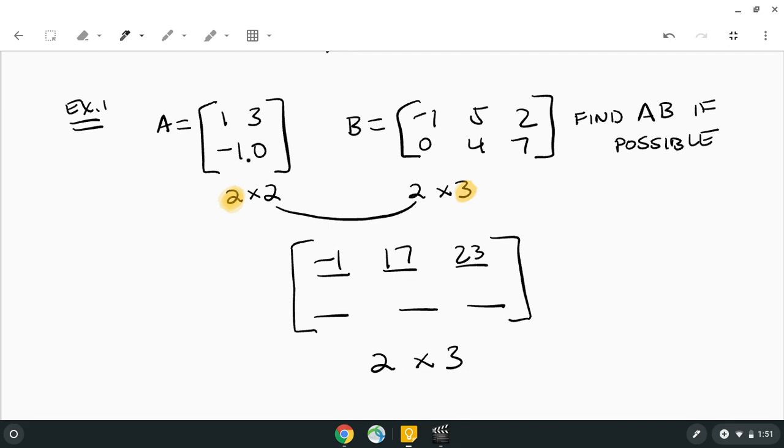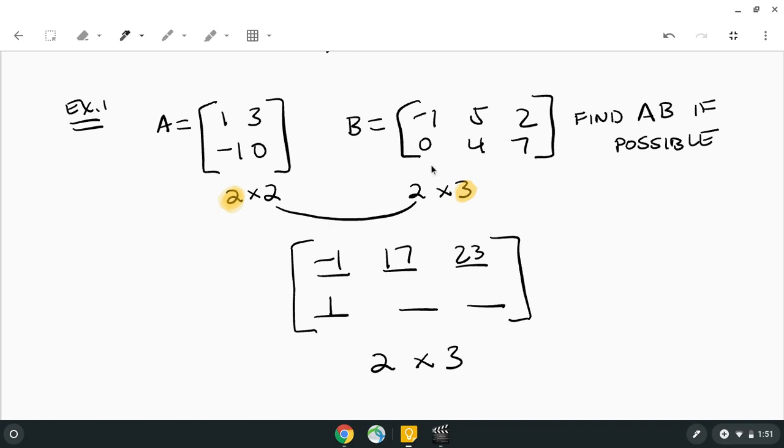Again, there are 2 elements here. There are 2 elements here. Let's multiply the first element with the first element, second element with the second element. Okay, so -1 times -1 is +1. 0 times 0 is 0. Add those 2 answers, +1 and 0, and we get 1.